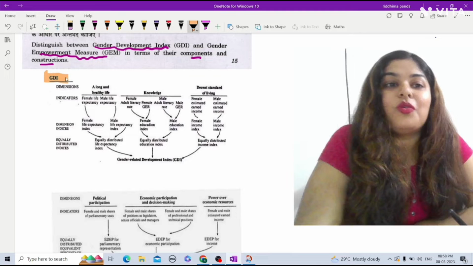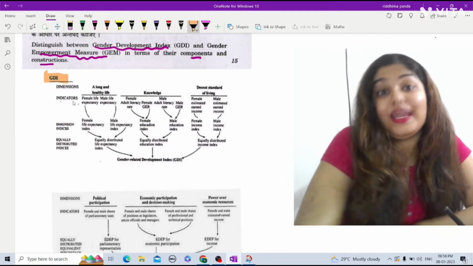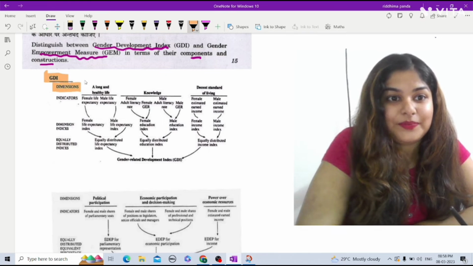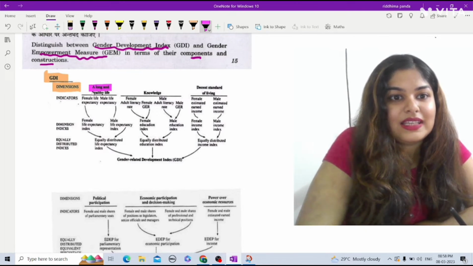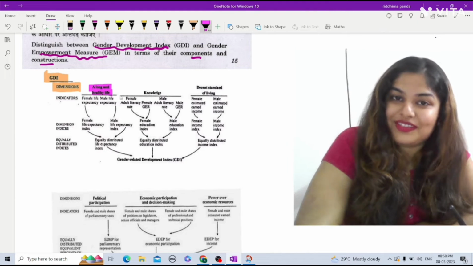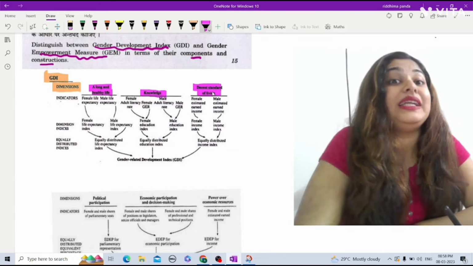While calculating the Gender Development Index, there are three dimensions. Number one is a long and healthy life. Number two is knowledge, and the third one is standard of living. So these are the three dimensions.